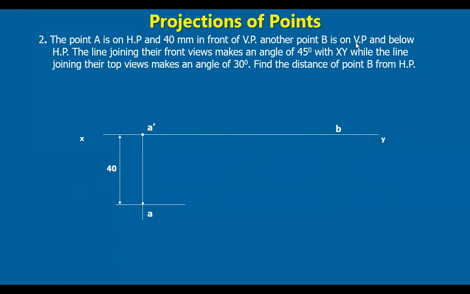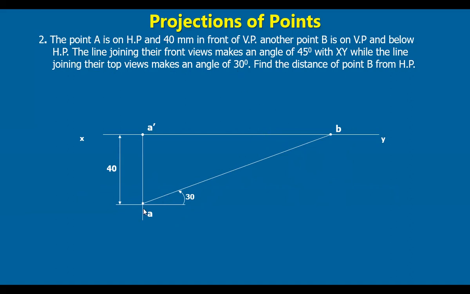Now, on VP and below HP, that means its front view is below the reference line. So its front view must be somewhere below the reference line. The line joining their front views makes 45 degrees angle, while the line joining their top views makes 30 degrees angle.